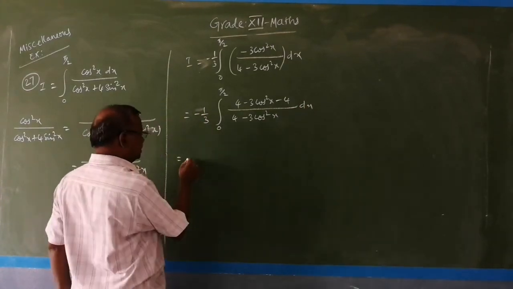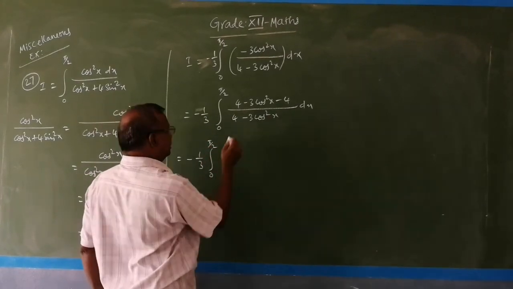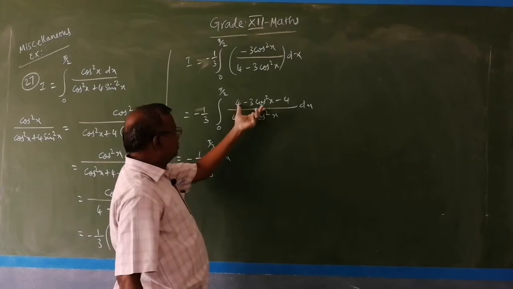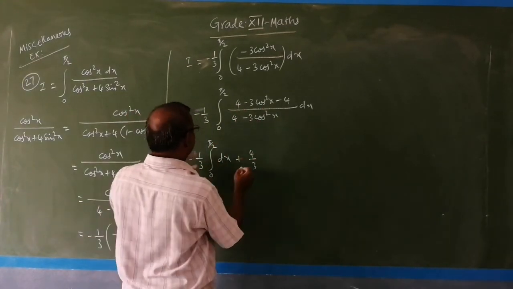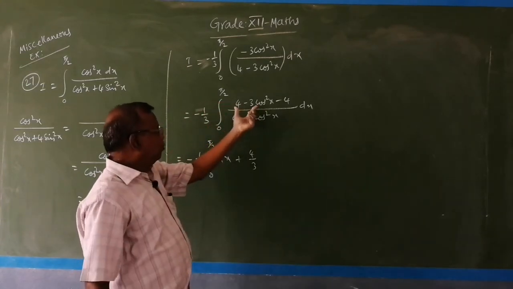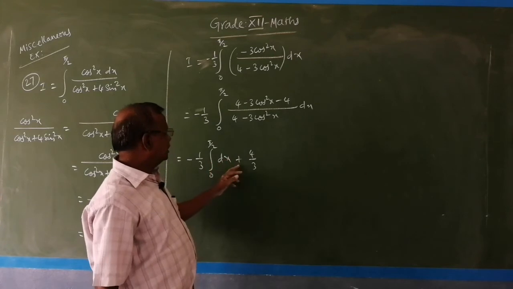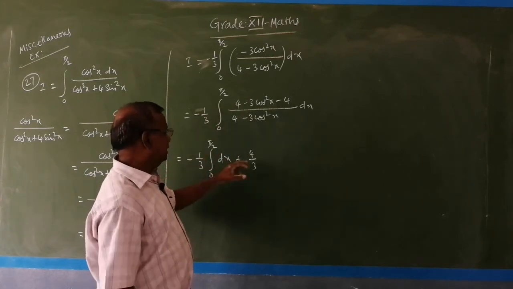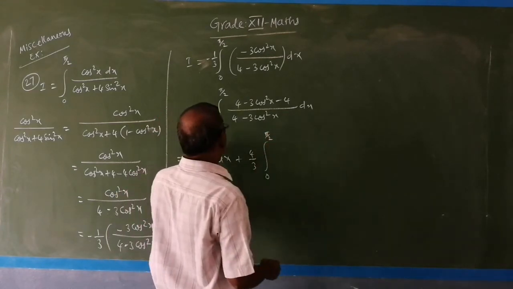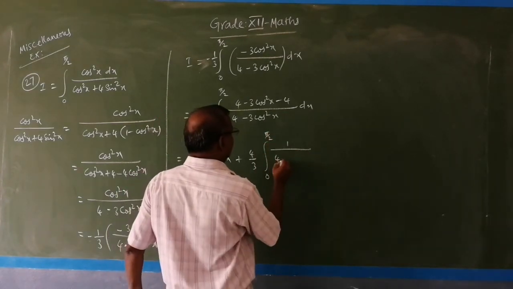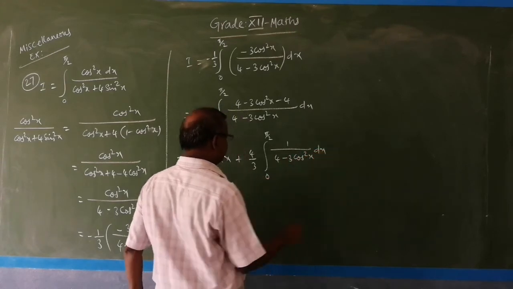The first part contains minus 1 by 3 integral 0 to pi by 2, that is 1 dx, since 4 minus 3 cos square x divided by 4 minus 3 cos square x is 1. And the next part is minus into minus plus 4 by 3 integral 0 to pi by 2 of 1 by 4 minus 3 cos square x into dx.